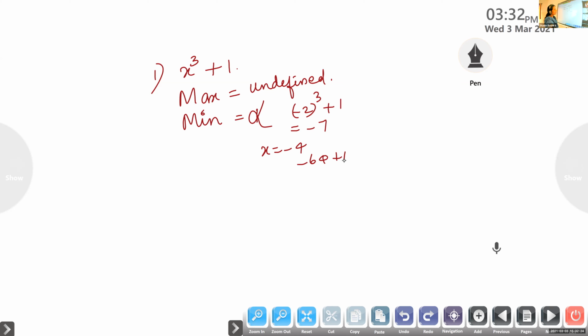Is it clear? Because here it is cube. Whenever we cube a negative number, it will become negative, so the value will keep decreasing. So in this particular problem, there is no minimum value and no maximum value. Both the minimum value and maximum value are not defined.